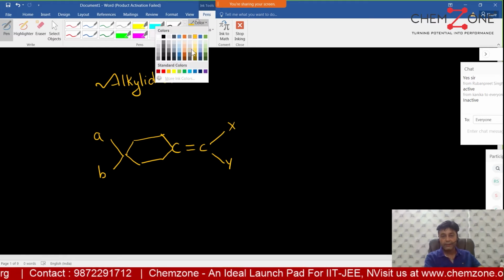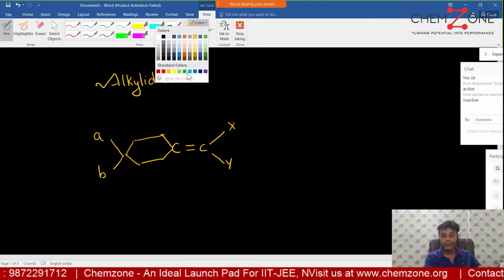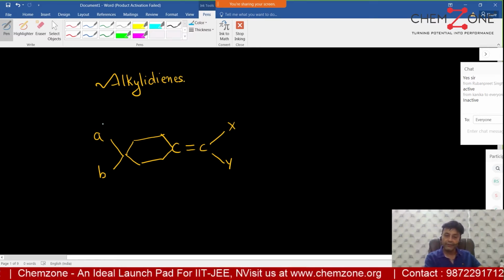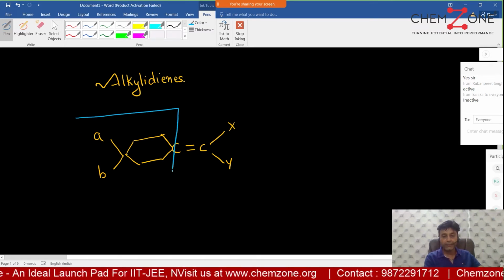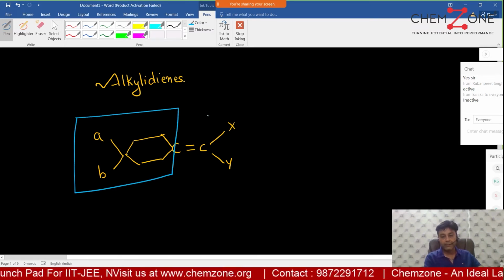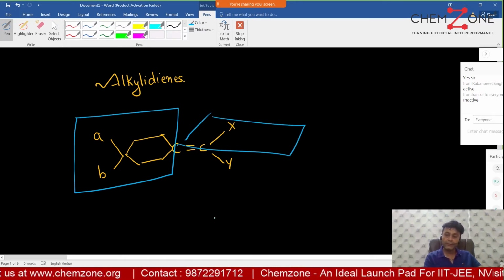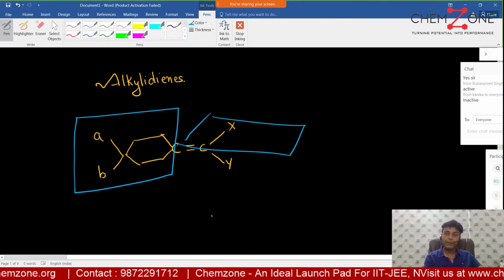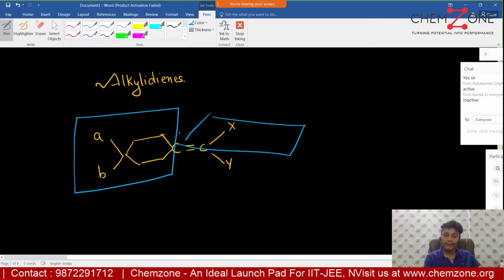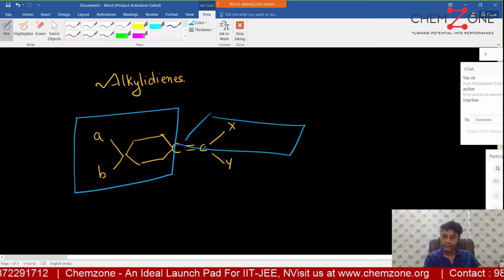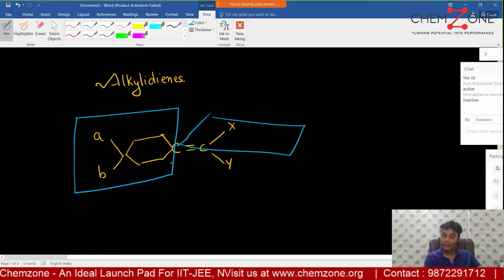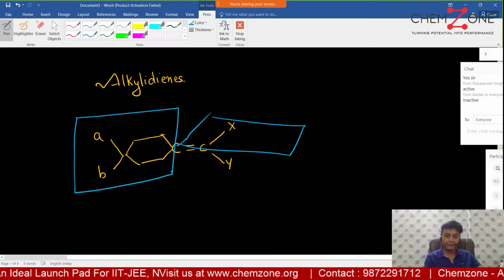Again, you can see that here we have dissymmetry. If this is in the plane, then this is perpendicular to it. This is known as perpendicular to it. Optically active.